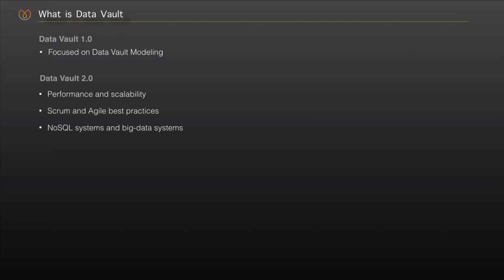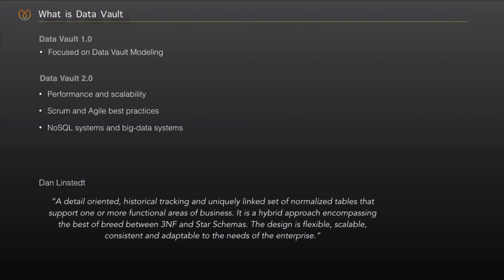A data warehouse, as briefly described by Dan Lindstedt, is a detail-oriented, historical tracking, and uniquely linked set of normalized tables that support one or more functional areas of business. It is a hybrid approach encompassing the best of breed between 3NF and star schemas. The design is flexible, scalable, consistent, and adaptable to the needs of the enterprise.